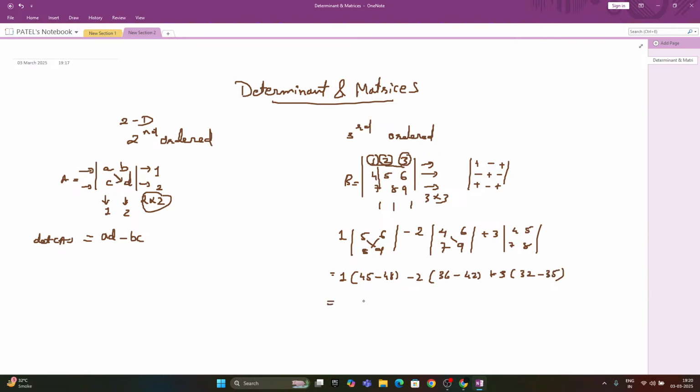So 45 minus 48, it is minus 3. 36 minus 42, it is minus 6. And 32 minus 35, it is minus 3. So it is minus 3, 12, minus 9. So minus 9 minus 3, it is minus 12 plus 12, it is 0.